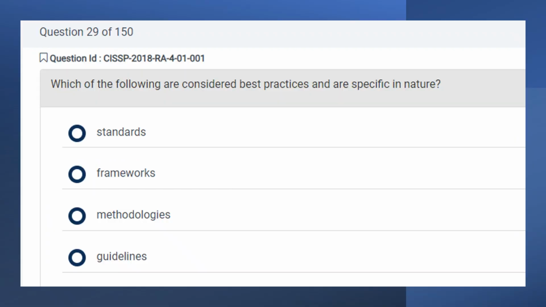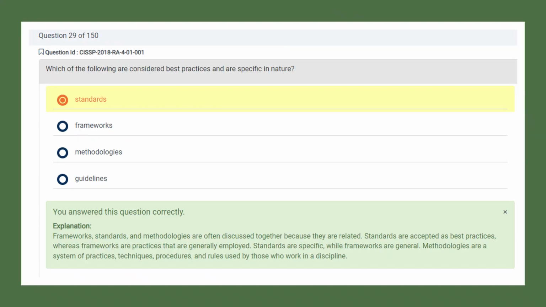Question 29. Which of the following are considered best practices and are specific in nature? A. Standards, B. Frameworks, C. Methodologies, or D. Guidelines? The correct answer is standards. Frameworks, standards, and methodologies are often discussed together because they are related.